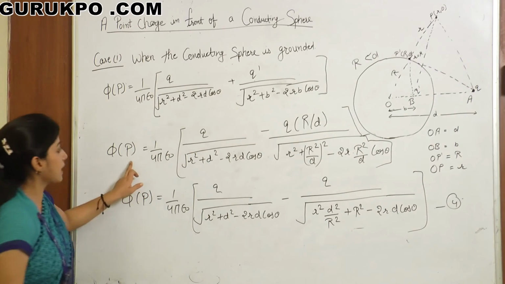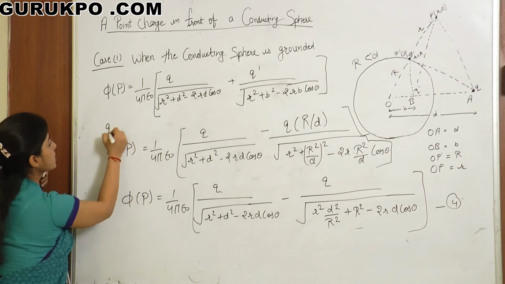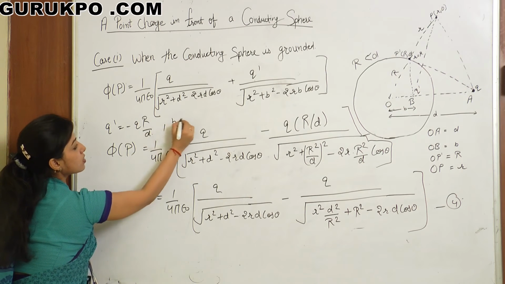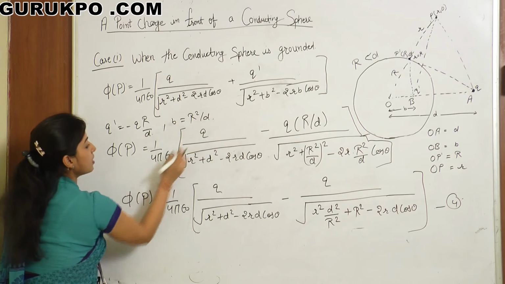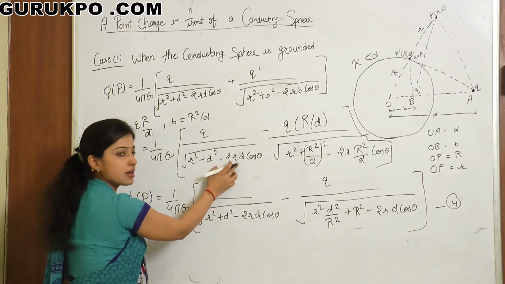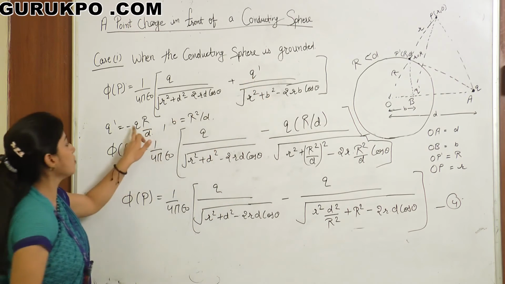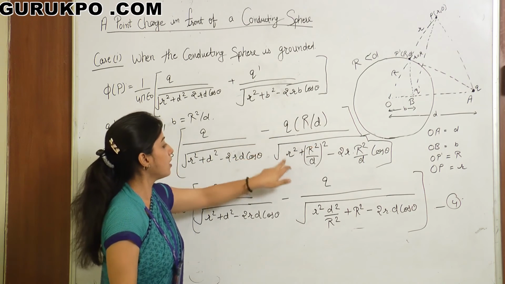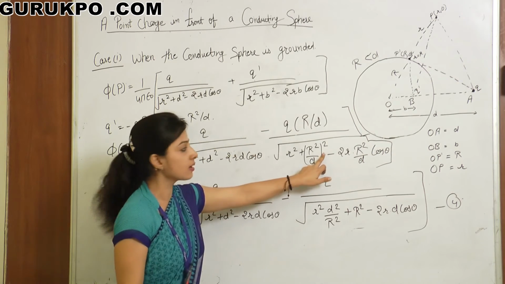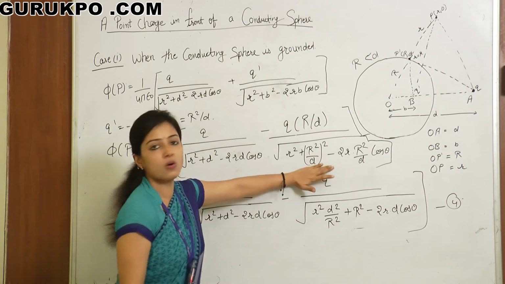Now putting the value from the third equation, that is Q' equals −QR/D and B equals R²/D, we get 1/(4πε₀) into Q upon √(R² + D² − 2RD cos θ), minus QR/D upon √(R² + (R²/D)² − 2R(R²/D) cos θ).